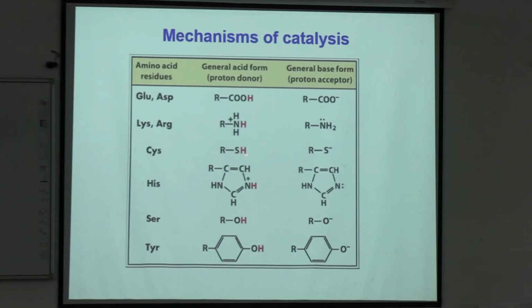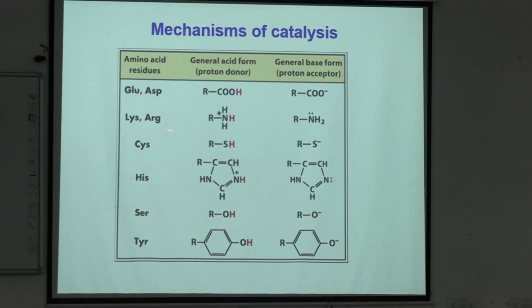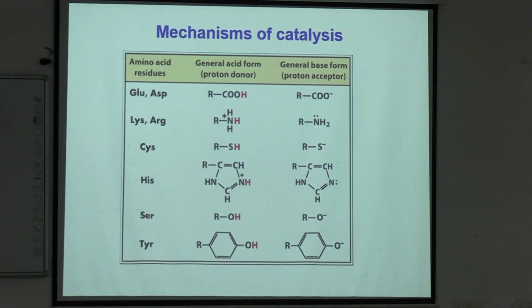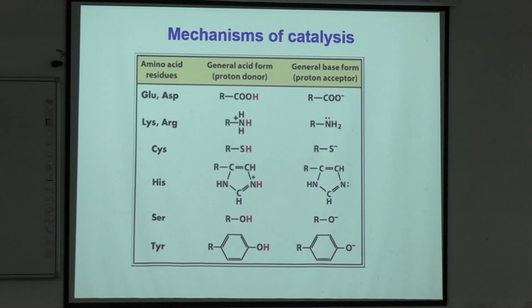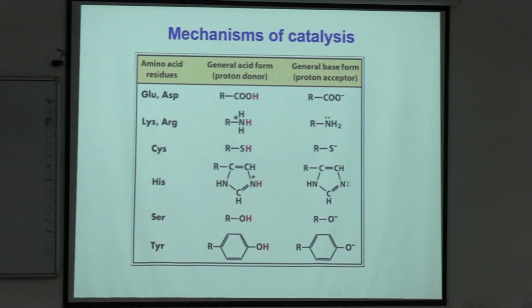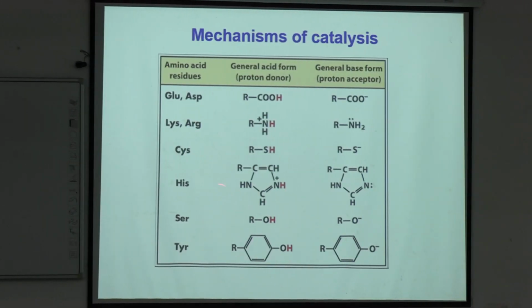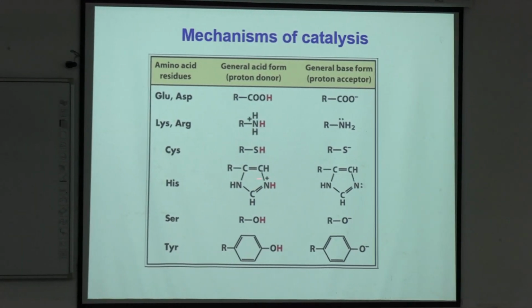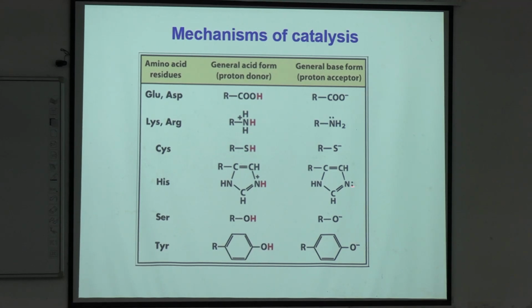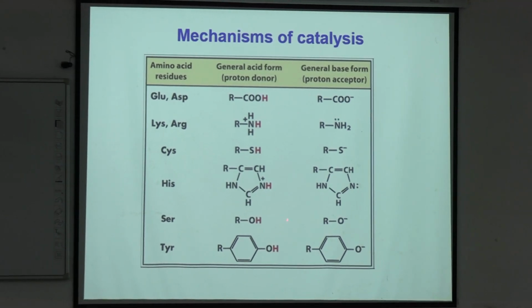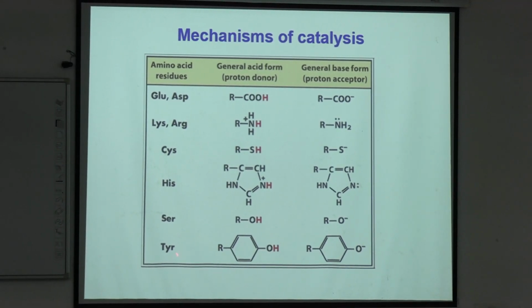Cysteine, RSH side group, the H can be given and it becomes RS minus. Together, 2 cysteines can join to form cystine. Histidine, this is called the imidazole ring, it can donate H plus ion here. Serine, the H plus of OH can be donated.